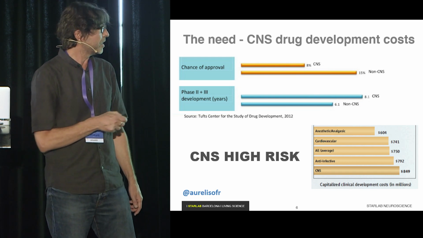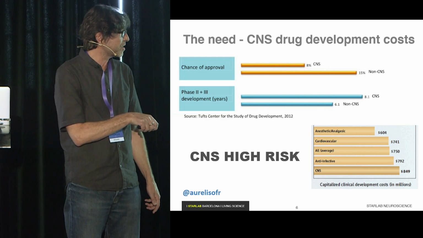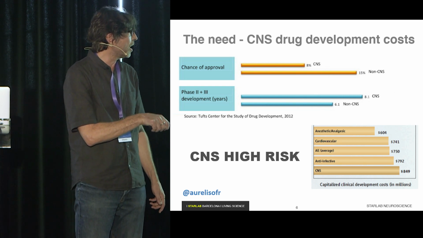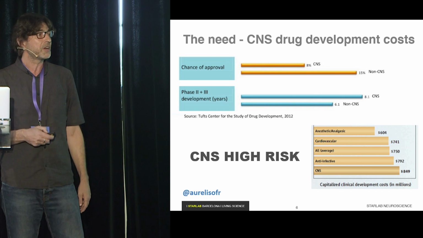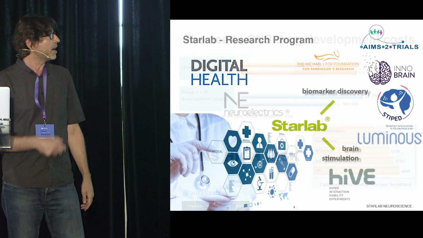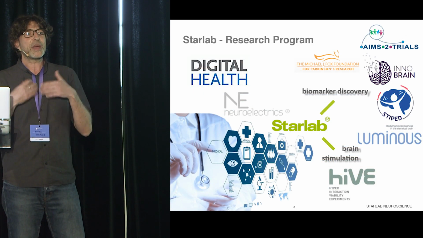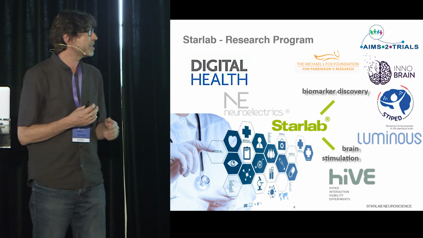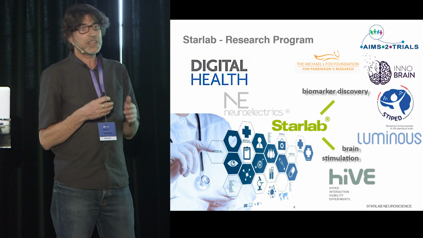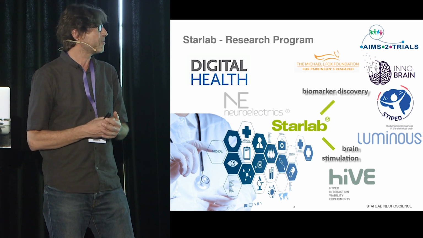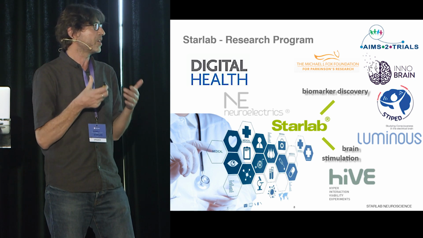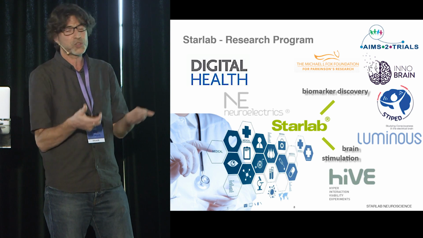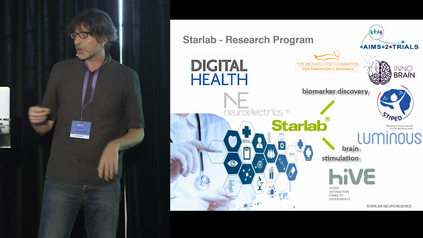And because of that, this is the most expensive business in all the activities of the pharma companies. So we try to help here by providing biomarkers that are based on electrical activity. And we are doing this in a set of different funded projects where we developed seed concepts that we turn then into products, and I will show you some examples about that.